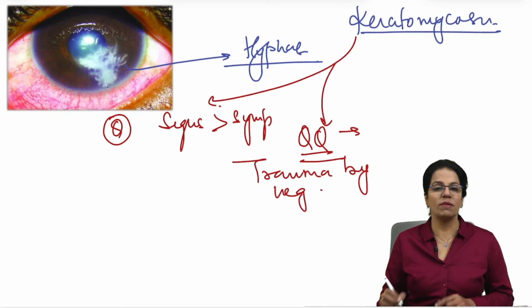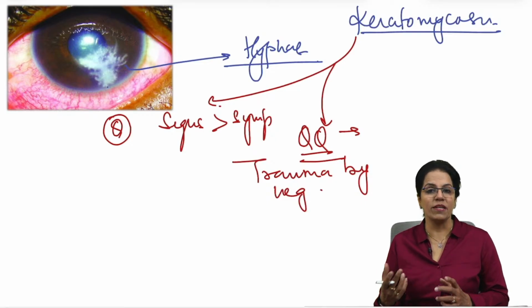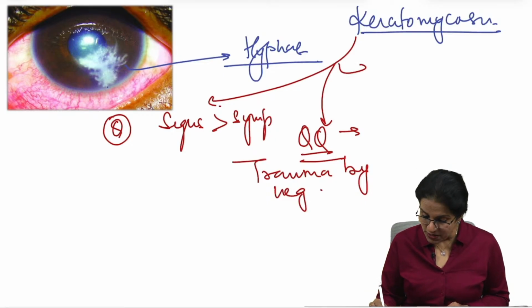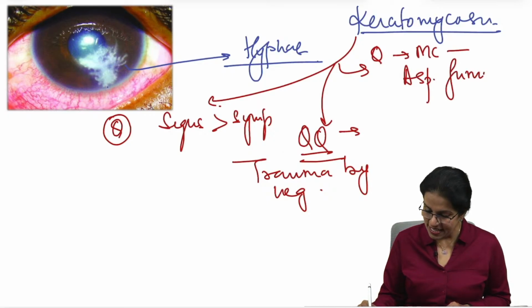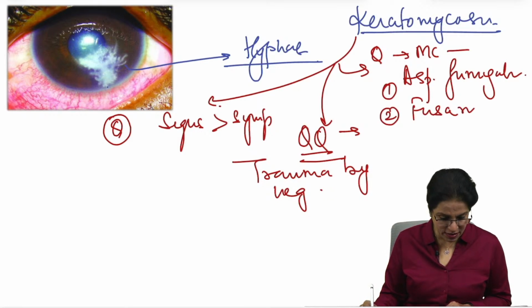Trauma by any twig or leaf. The third question they have asked is: the most common fungus involving the cornea is Aspergillus fumigatus, isn't it? And the next common, if this is not asked, will be Fusarium. Then you will say Fusarium.